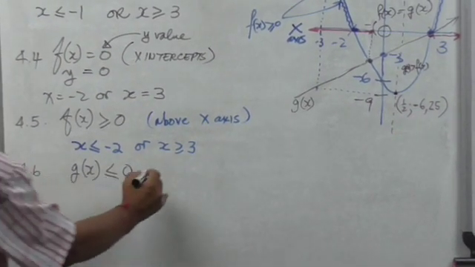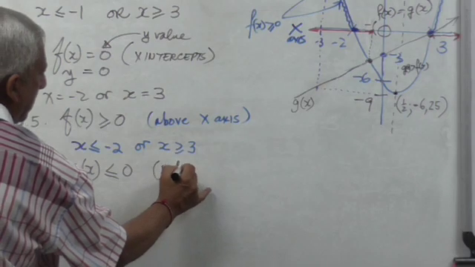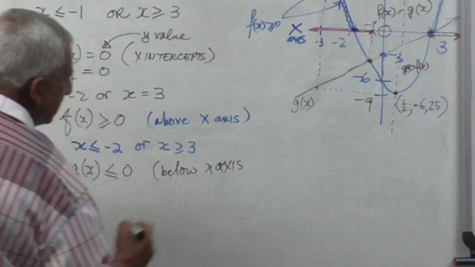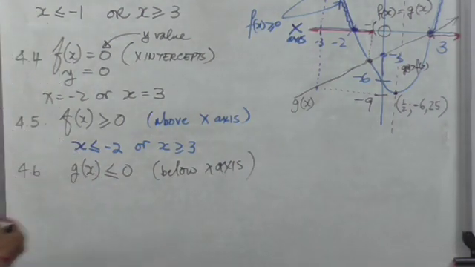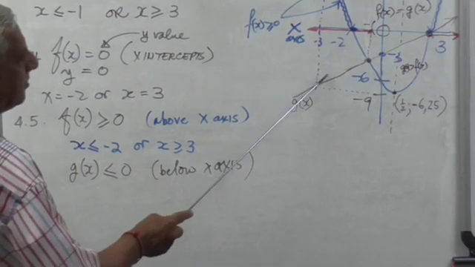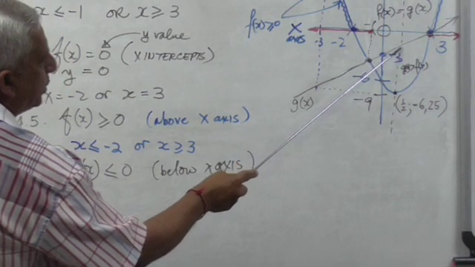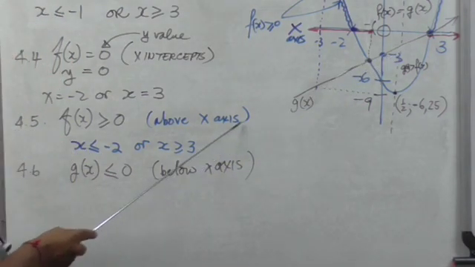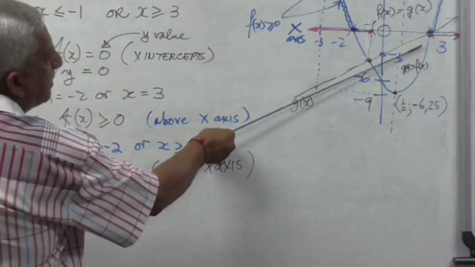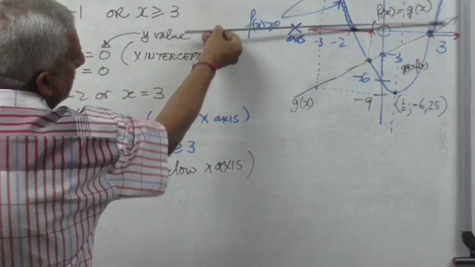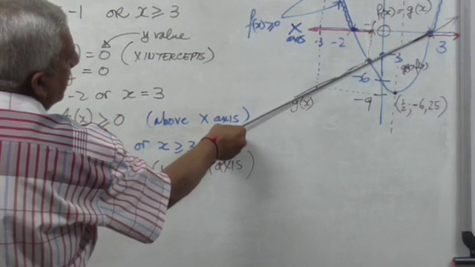Less than and equal to 0 means you must look below the x-axis. Now what is g of x? G of x is a straight line. From there to here. And it continues forever. It is below the x-axis. There's your x-axis. There's a graph below the x-axis.